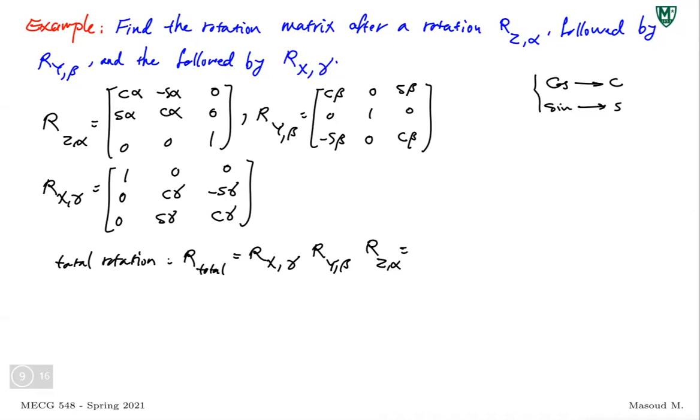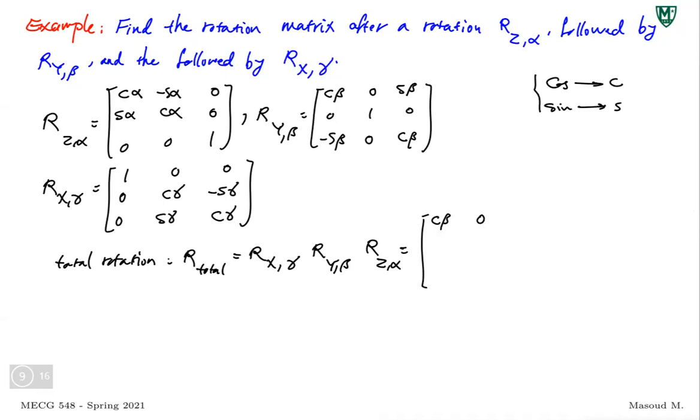Let's do the multiplication. We have it in our notes, and later on you want to check how the multiplication works. Again, 3 by 3 matrix multiplication. I'm multiplying Rx gamma and Ry beta. Right? So first row multiplied by first column gives me cosine beta. First row with second column, that becomes 0.